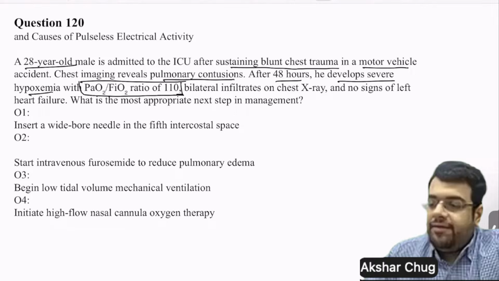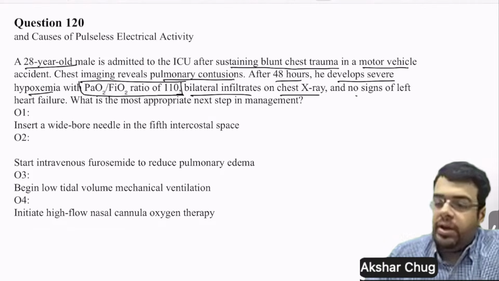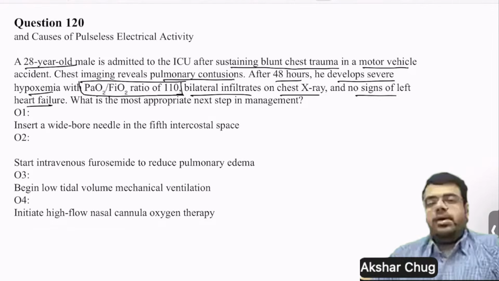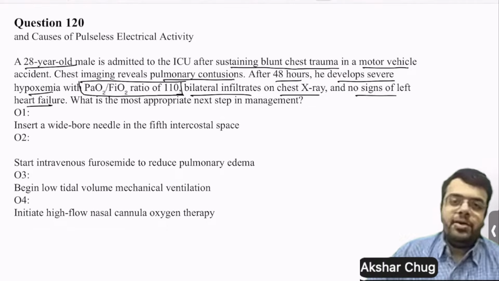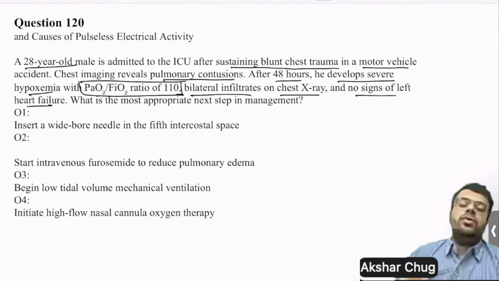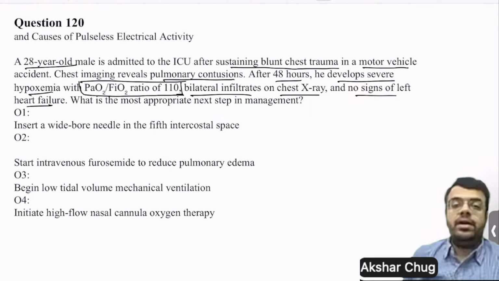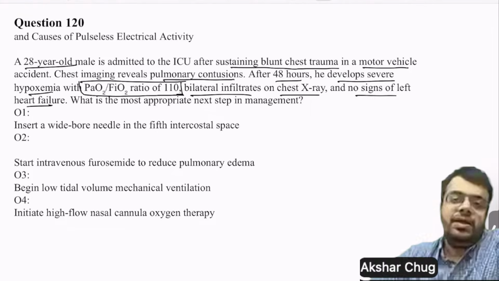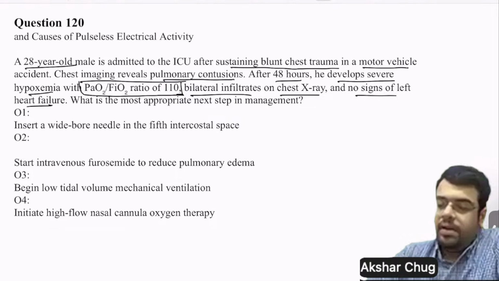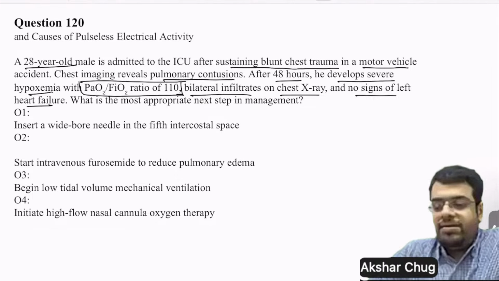Bilateral infiltrates on chest X-ray, no signs of left heart failure. Whenever we are suspecting ARDS, it is important that we rule out any cardiac pathologies because cardiac pathologies would also lead to infiltrates in the chest X-ray. However, in case of heart failure, the infiltrates would be spread in a batwing fashion. What is the most appropriate next step in the management?